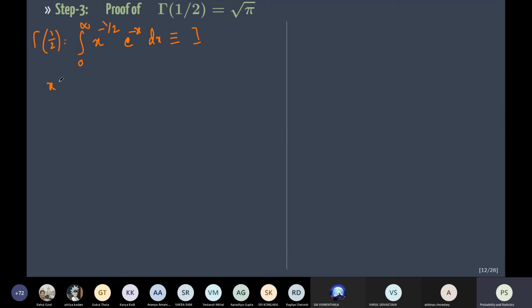Let us try. Let x is equal to u square. This implies dx is equal to 2u du.